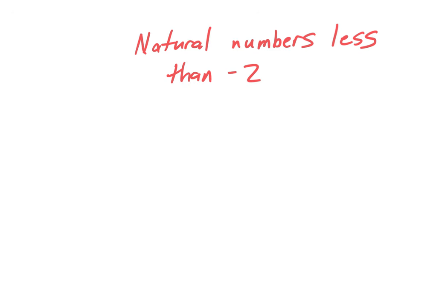So what natural numbers are less than negative 2? Nothing, okay? And so there's a couple of different ways that we could write this. We could still use the symbols, but what we're saying here is that this is an empty set. There is nothing in that set. Nothing belongs to that because there is no numbers that are natural that are less than negative 2.